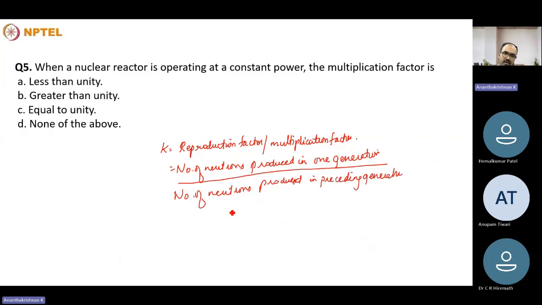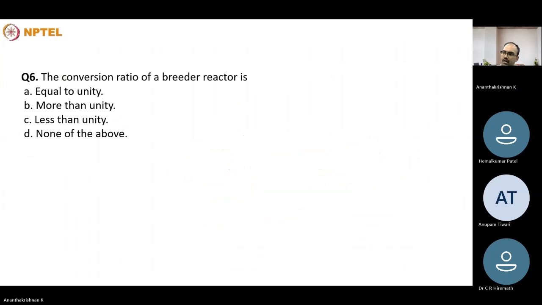If this ratio is equal to 1, that means that the number of neutrons will be the same in the consecutive steps, and this will be resulting in the same power, constant power. The answer is equal to unity. Look into the sixth problem.